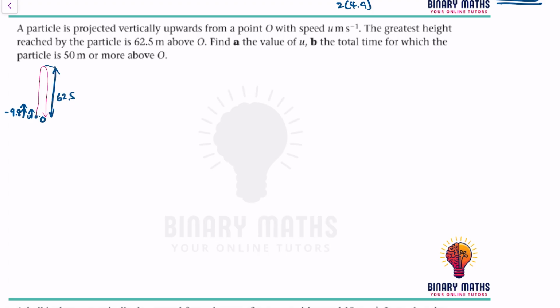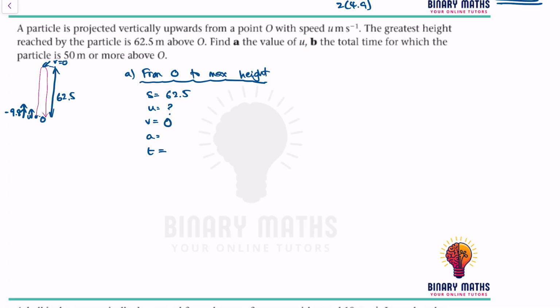So to find the value of u, we need to find the journey from O to the maximum point where velocity is equal to 0. So that means from O to maximum height, if I set up SUVAT for that part of the journey, then we know the maximum height was 62.5 meters. We don't know the initial speed, which is what we're trying to find out.